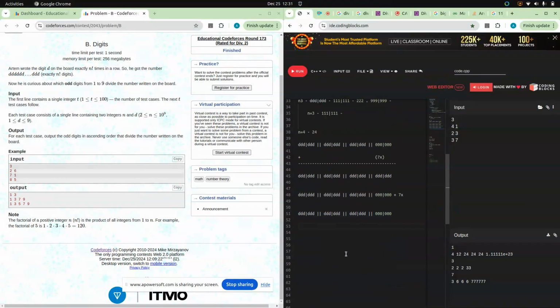This number is formed when you have 0 0 0 0 0 0 plus DDDDDD plus 0 0 0 0 0 0.